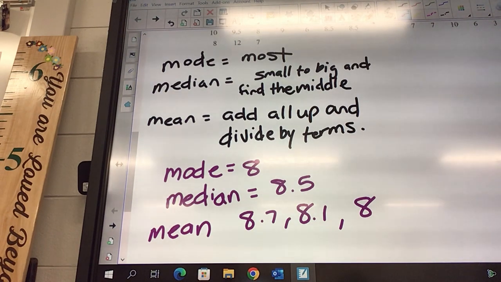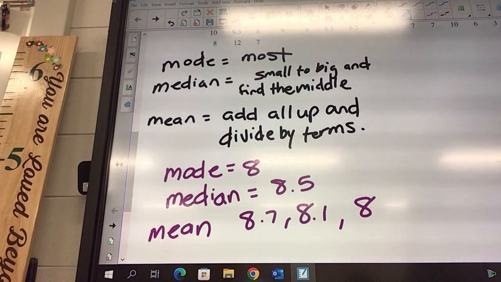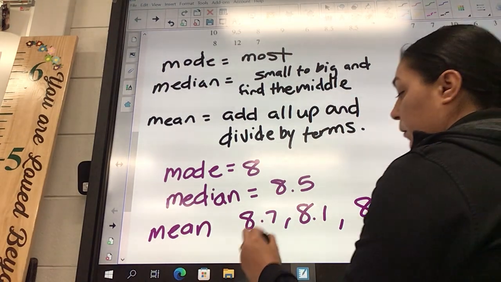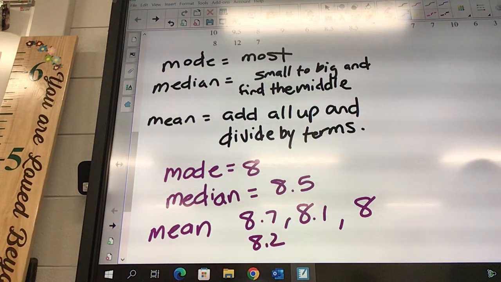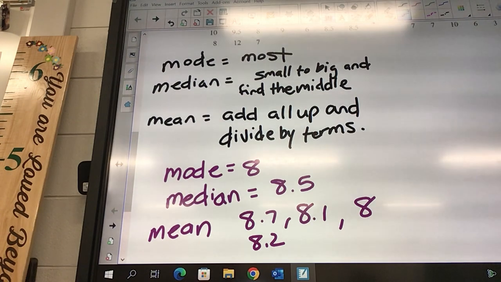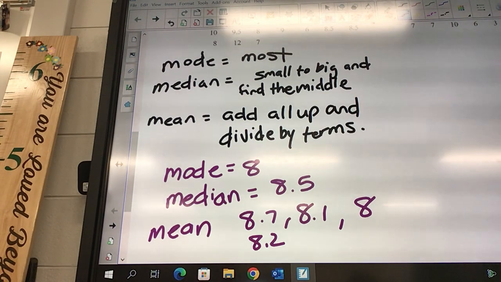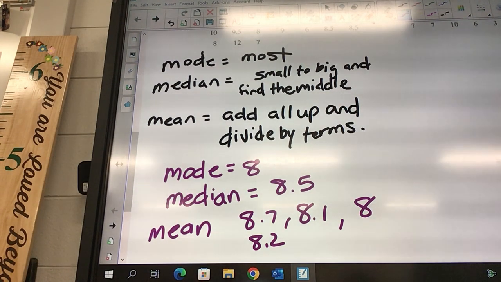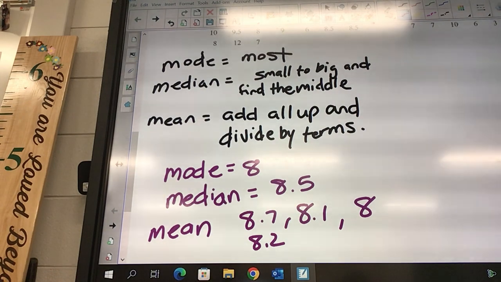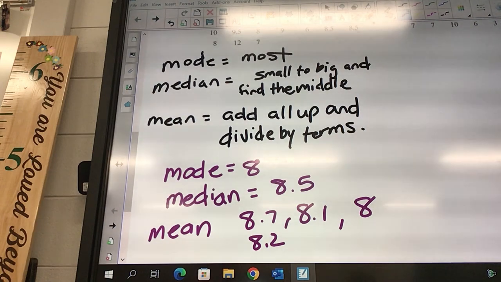That's got 8.2. I got the same answer as last time. I got 8.2. You got 8.2.